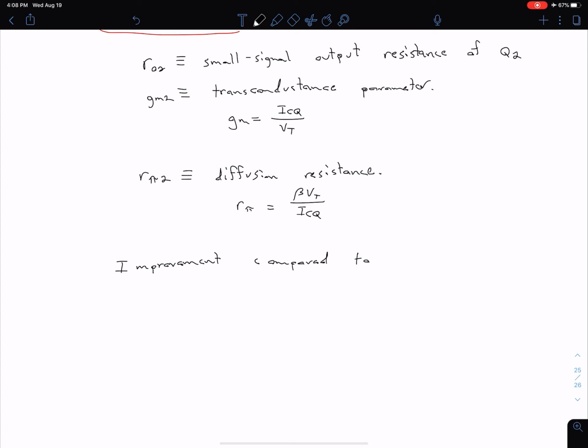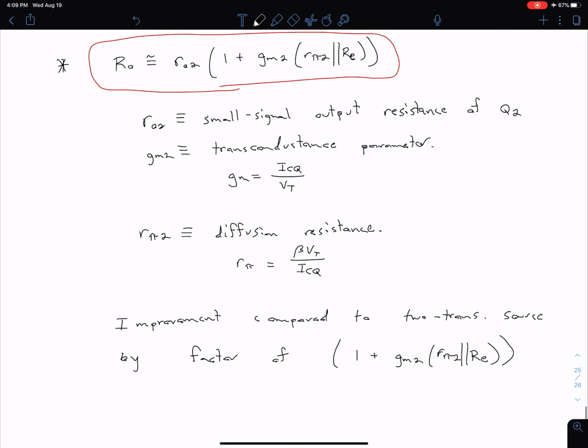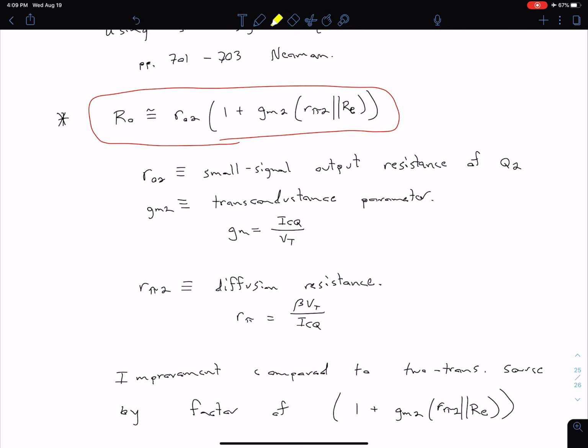That improvement is by a factor of roughly everything in our parentheses, so that 1 plus gm2 times r pi 2 parallel with RE. We can see that because for our 2 transistor current source, we just had the small signal output resistance of that transistor Q2.